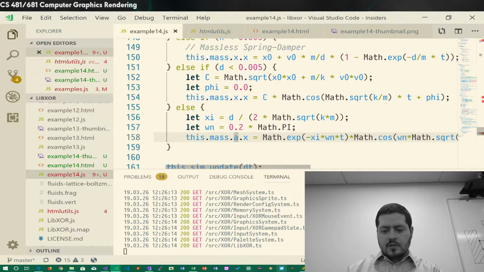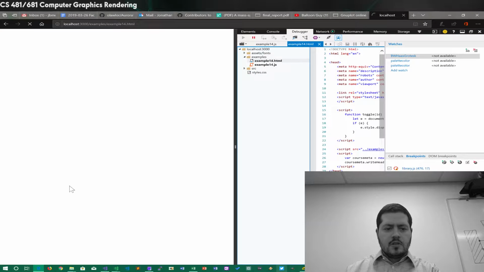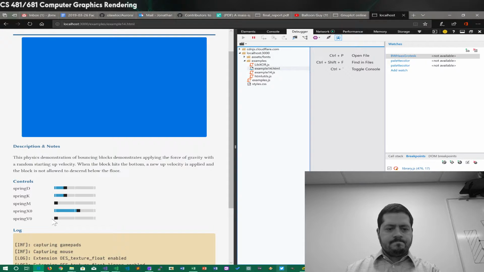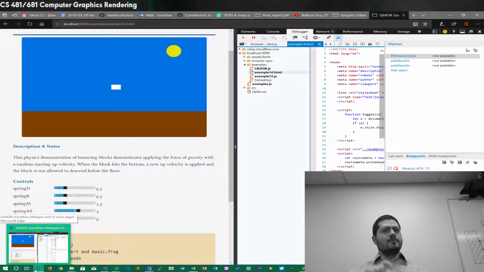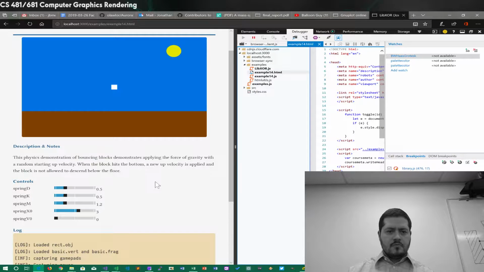Oh, that was a typo. So we should expect to see some springy motion here, but then eventually settling down. Maybe we set the damping factor as well. Set that high.